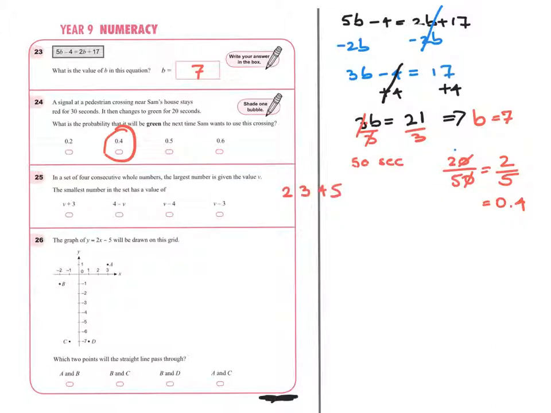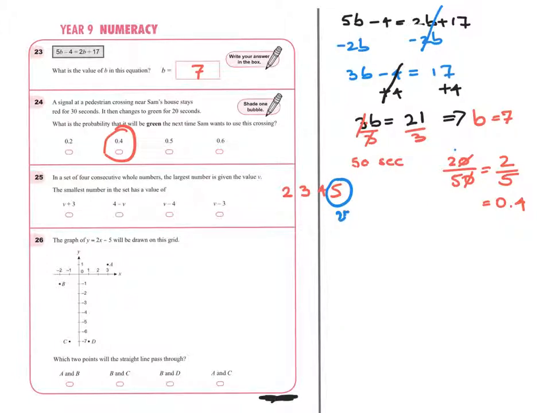The largest number is given the value of v. So the largest is this one here, 5, is v.